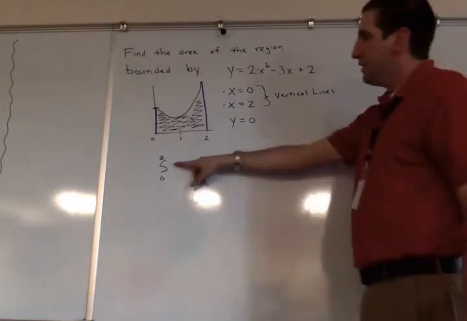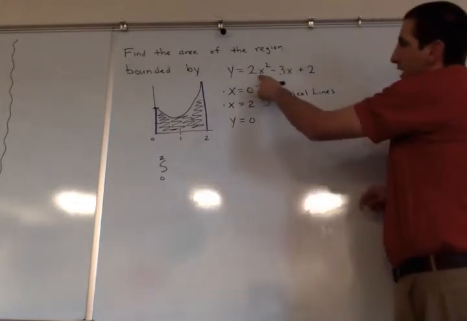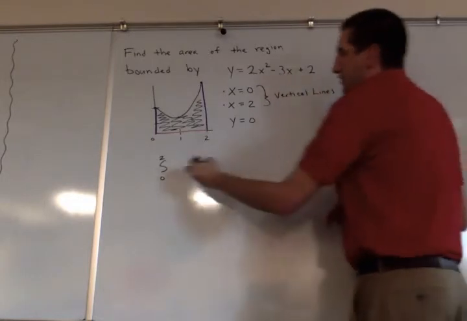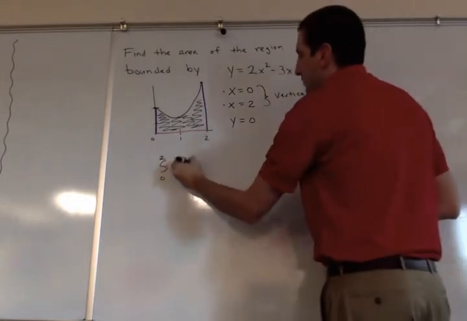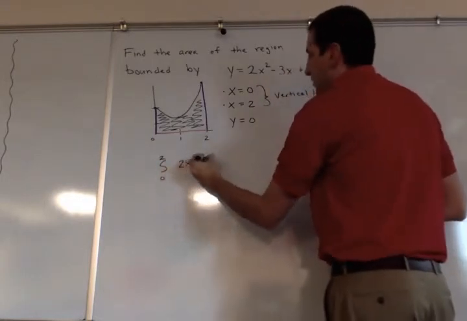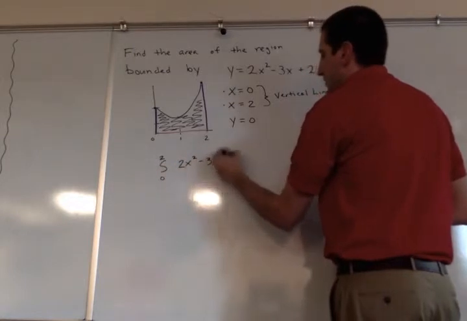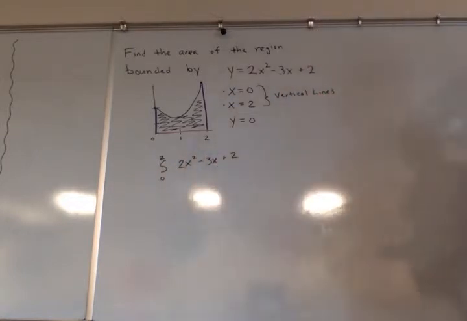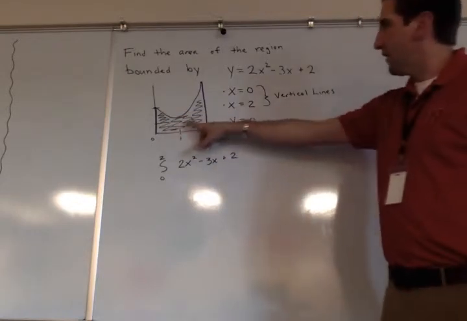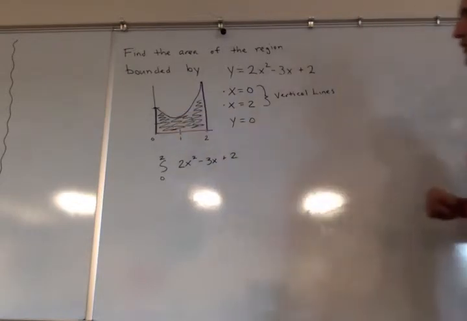The function that we're integrating is y equals 2x squared minus 3x plus 2. You can see how this would eventually lead to being able to calculate the exact area of what's underneath this curve, that shaded region.